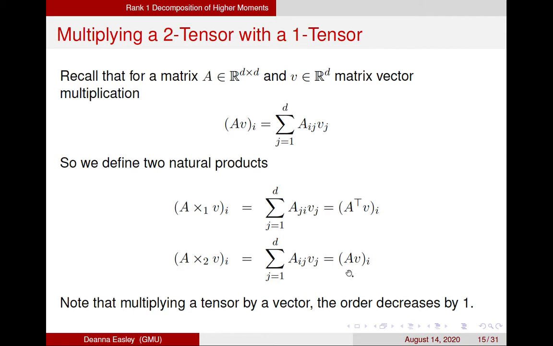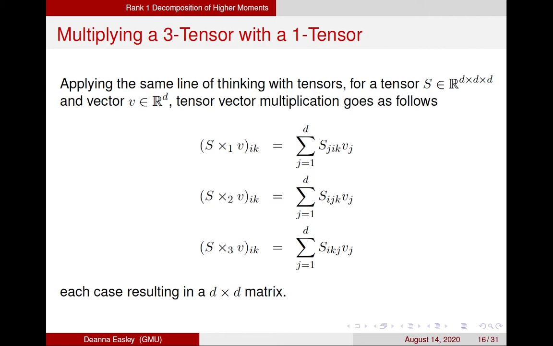Something to keep in mind here is that when we multiply a tensor by a vector, the order decreases by 1. So multiplying a 2 tensor by a 1 tensor will give us a 1 tensor, and multiplying a 3 tensor with a 1 tensor gives us a 2 tensor. So given a d by d by d tensor S, we can see that there are 3 n-mode products this time, since there are 3 indices, and these are how they are defined.